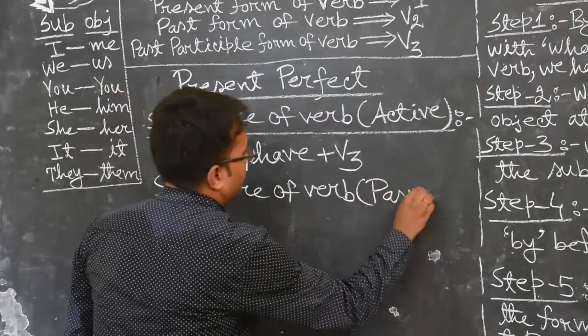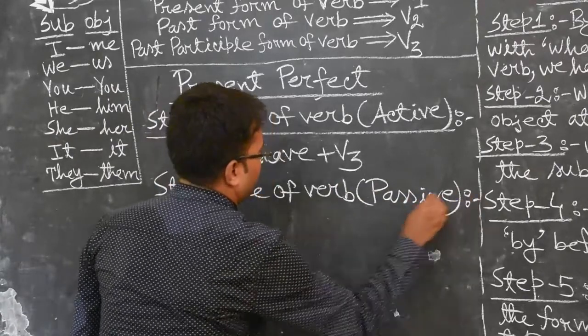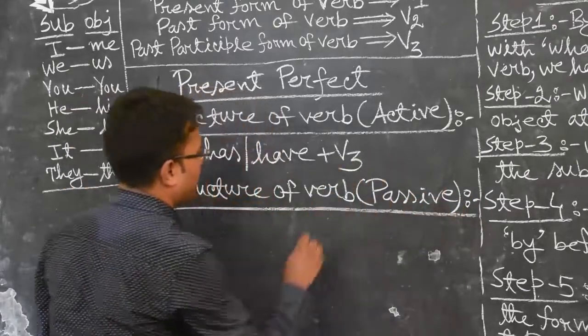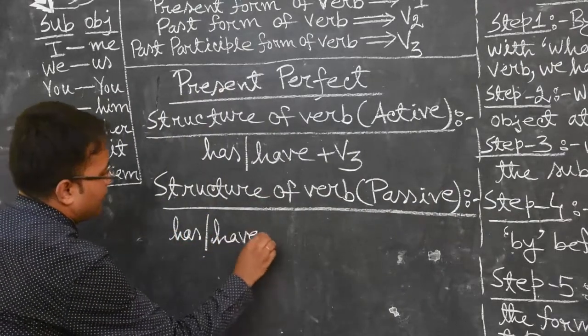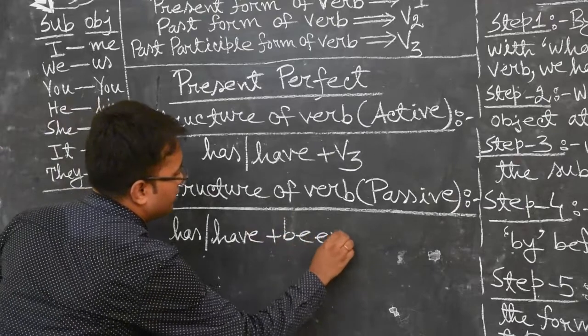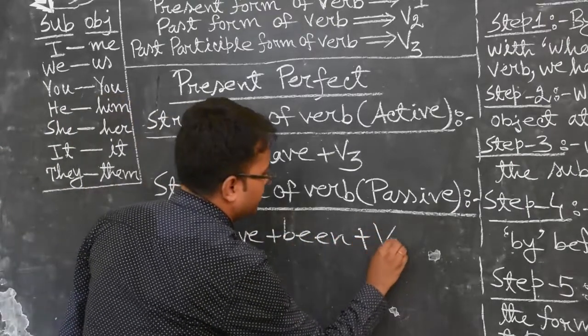Structure of verb in passive is has or have plus been plus V3.